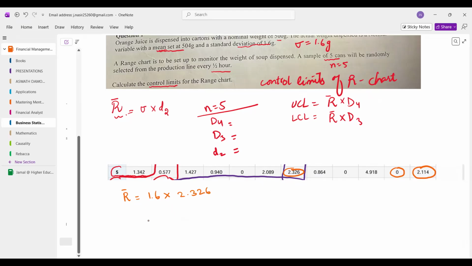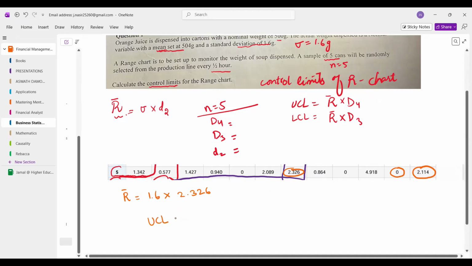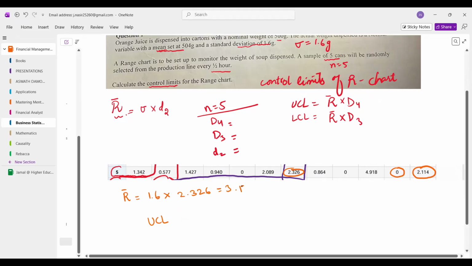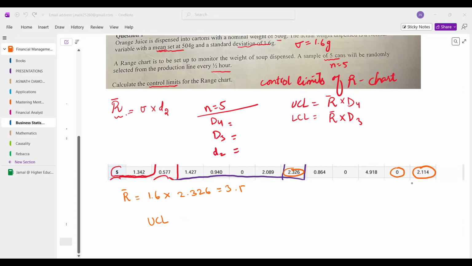I multiply 1.6 into 2.326. I would get what? I'm getting 3.7216.